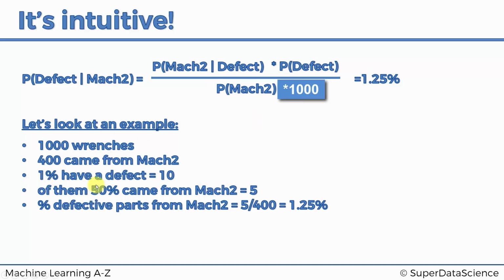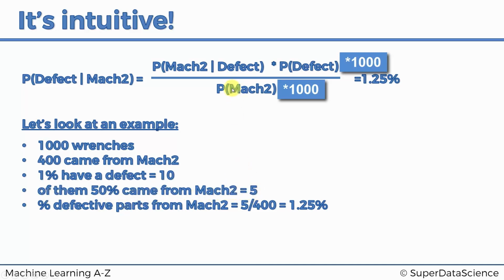And then 1% have a defect. And that means 10. So where did this 10 come from? That's 1% times 1,000. So instead of P of defect at the top, we actually have P of defect times 1,000 right now. So just visualize that for a second. Instead of P of machine 2, we have P of machine 2 times 1,000, P of defect times 1,000. And then this 50%, the probability that 50% came from machine 2, equals 5.